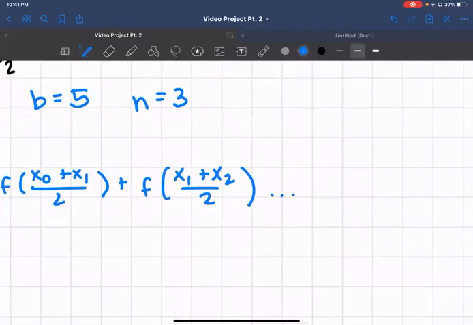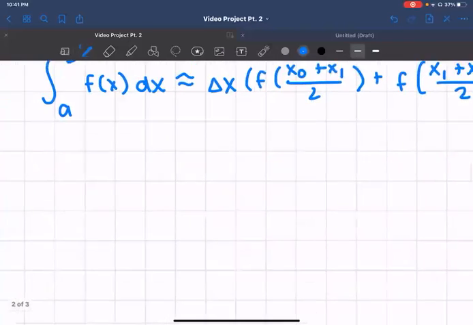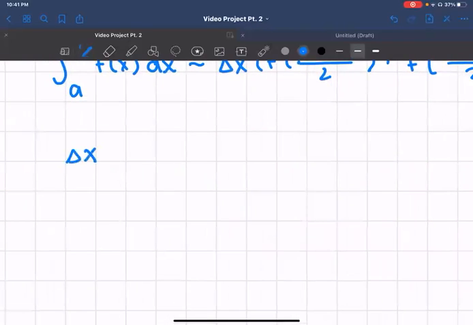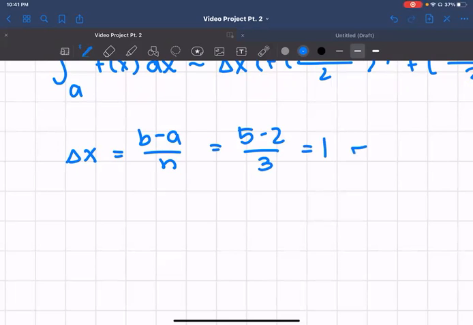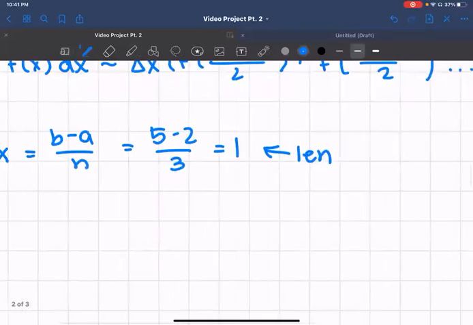This goes on until f of x of n plus 1 plus x of n all over 2. So our delta x is going to equal b minus a over n, which for ours is 5 minus 2 over 3, which just equals 1. And this is going to be the length of our subinterval.